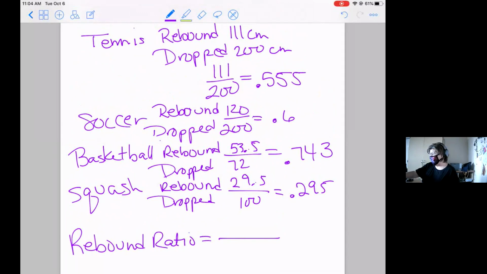What number went on top? Because they're not all the same in centimeters. Some of them are in inches. What number went on the top? The rebound height. So rebound height over what? What went on the bottom? Drop height. Yeah.